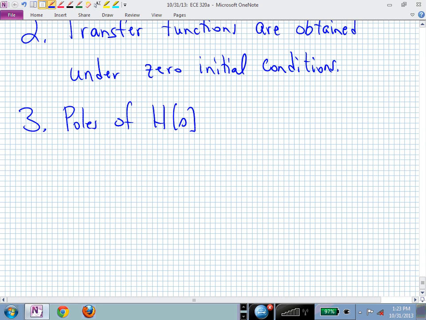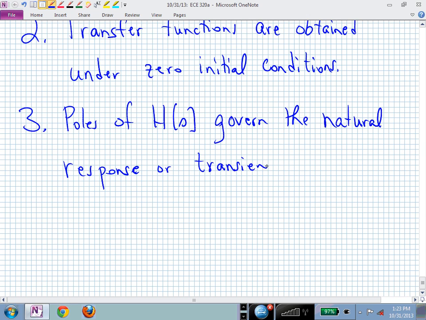So the poles of H of s govern the natural response, or you could think of the transient response if you simply hit that circuit with a transient input and watched it decay. That's its natural behavior. Poles of H of s govern the natural response or the transient response of the system.